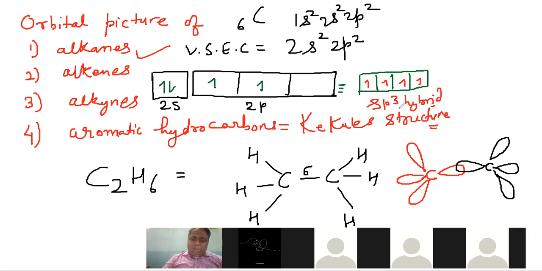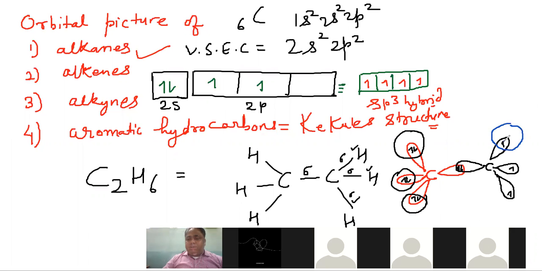Now each hydrogen comes with a 1s electron, and each carbon orbital has 1 electron, so 1 hydrogen comes with a 1s electron and forms a sigma bond. Similarly, on the other side also, 1 electron comes from hydrogen.